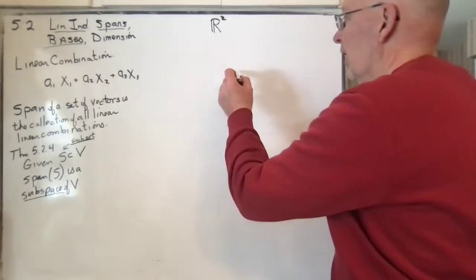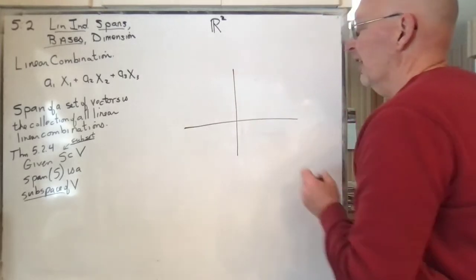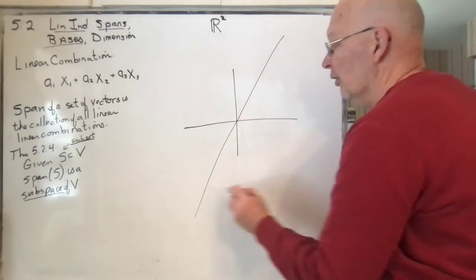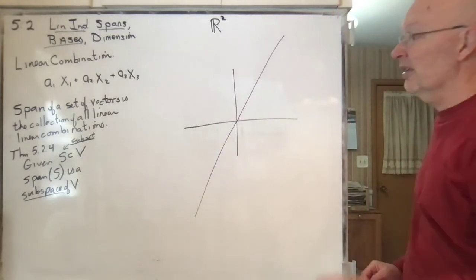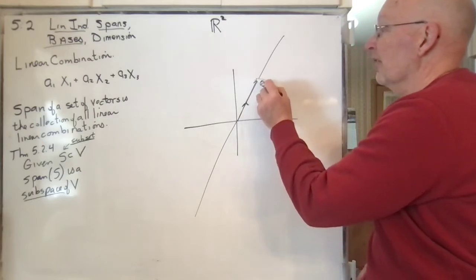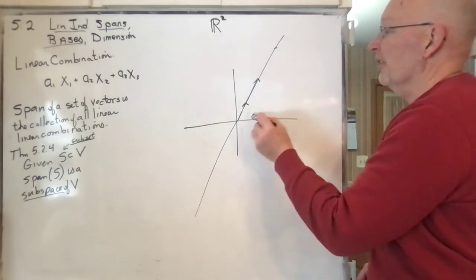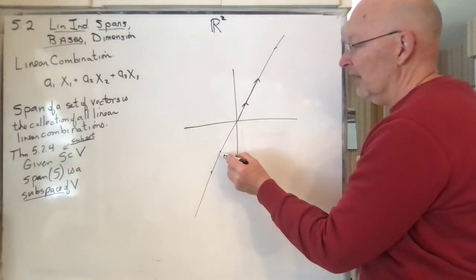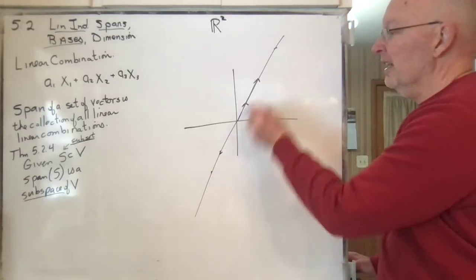What about all the things along this line right there? Is that a subspace? Well, that one is, because if you take any two vectors there and add them together, you're going to get something else there. Here's one, add it to that one, you're going to end up right there. So that's good. You multiply it by any constant, you'll be there.